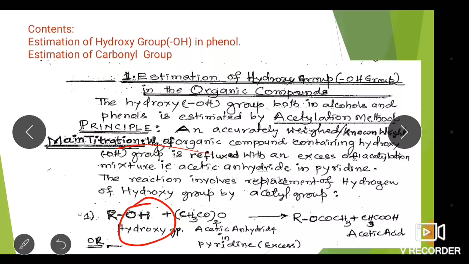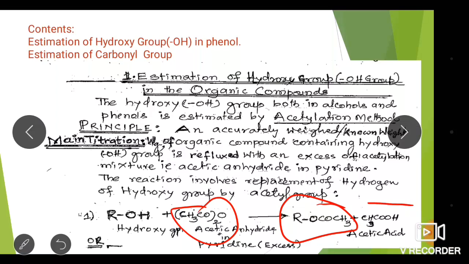After refluxing, the hydrogen of the OH group of the hydroxyl group is replaced by the acyl group, giving RCOCH3, and acetic acid is the side product. It is simply an acylation reaction. So this is the principle.